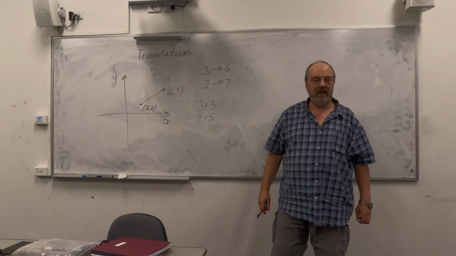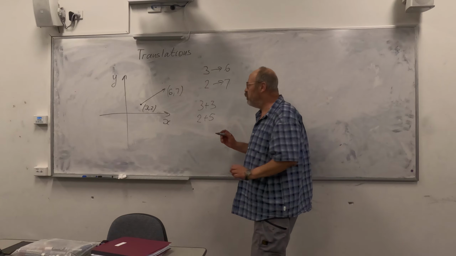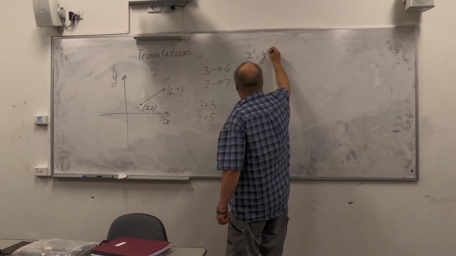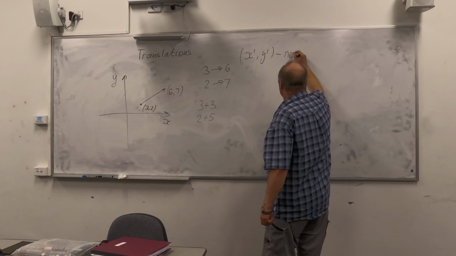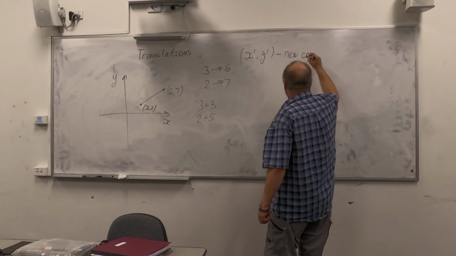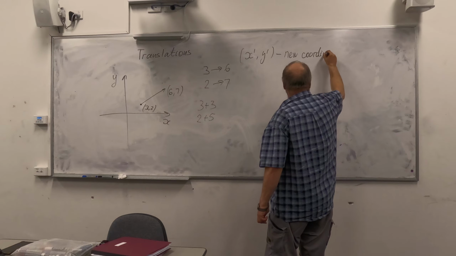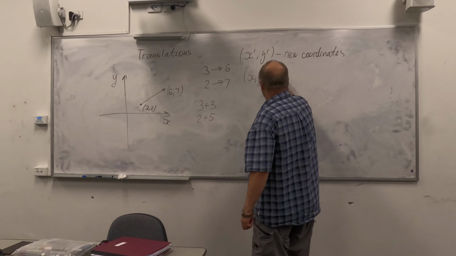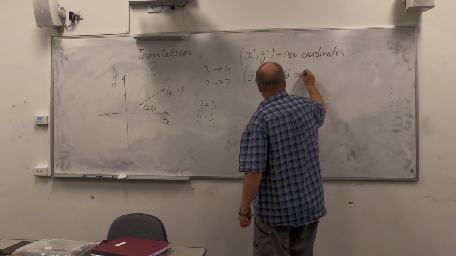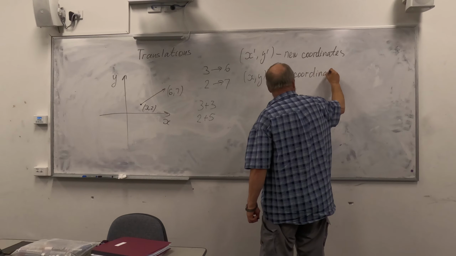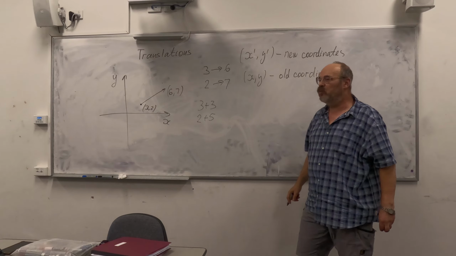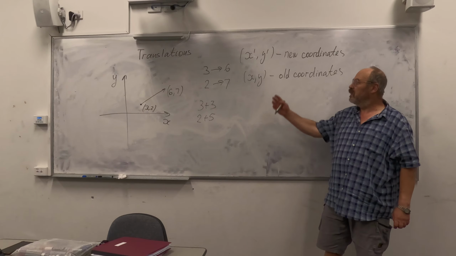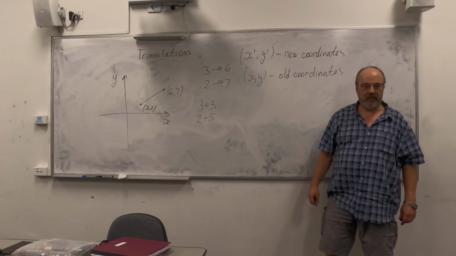We translate the point. So we will use x dash and y dash as the new coordinates after the transformation. x and y will be the old coordinates, the coordinates before the transformation, and x dash, y dash after.